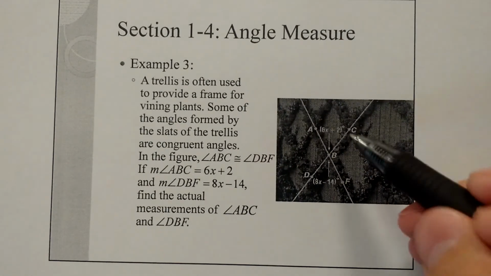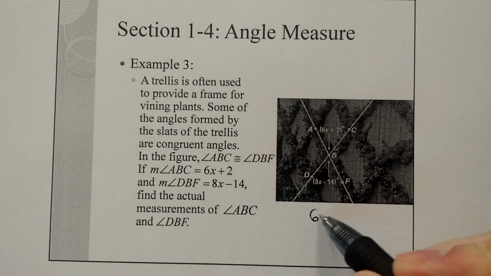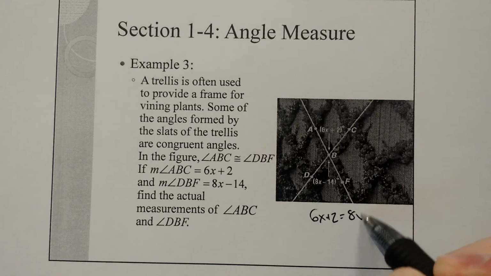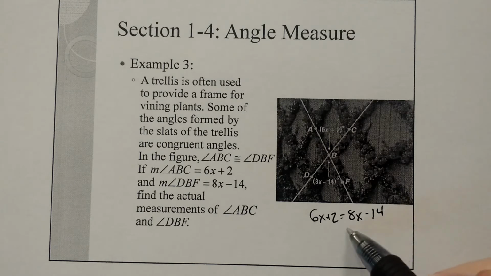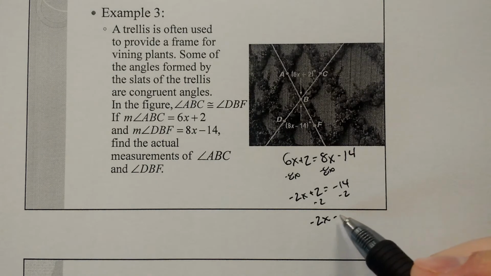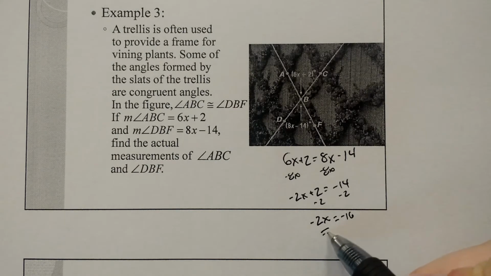Since it tells you they are congruent, just like with segments, congruent things are always equal to each other. So I can move the 8x over. So it's negative 2x plus 2 equals negative 14. Move the 2 over. Negative 2x equals negative 16. Divided by negative 2, so x is 8.